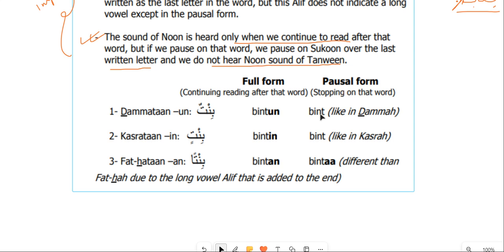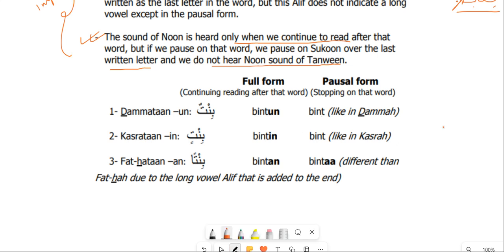Now if kitab is the last word in a sentence, with a dhammatain, or with a fathatain, or with a kasratain in the sentence.